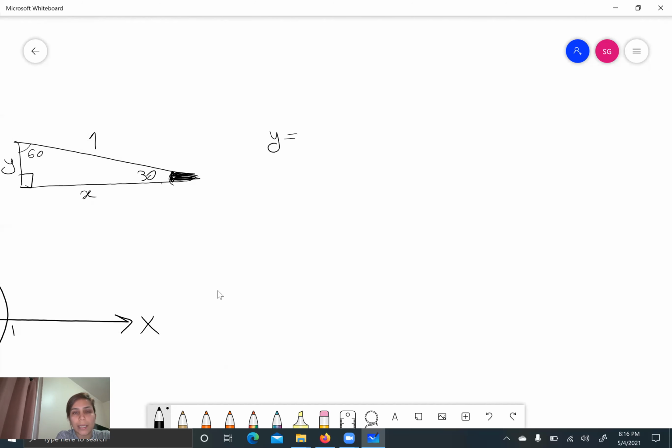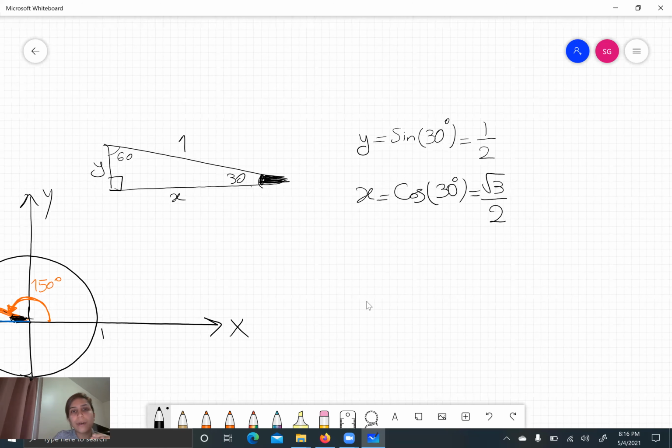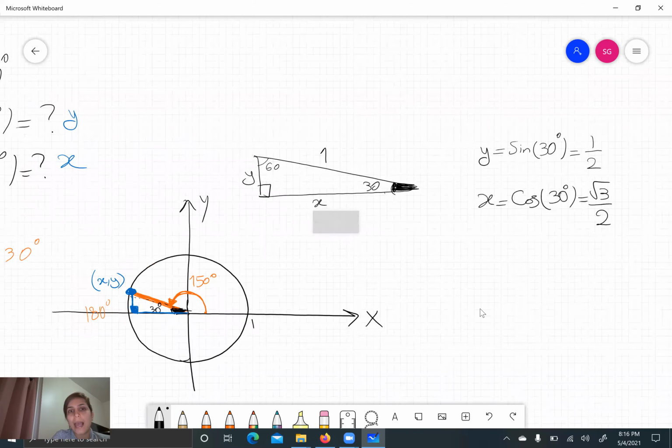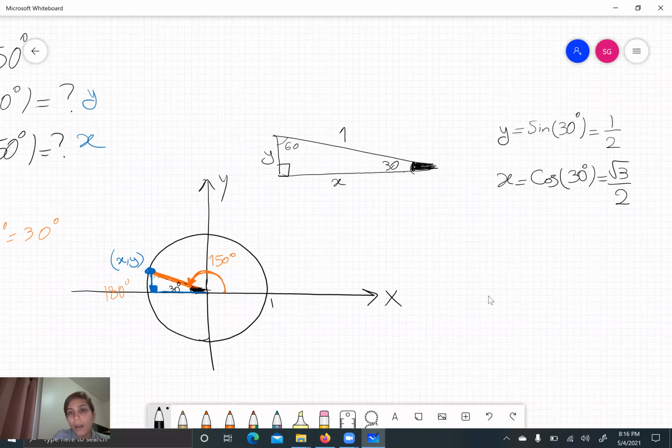Y is going to be sine of 30 degrees, which is half. And x is going to be cosine of 30 degrees, which is square root of 3 over 2. That's it. Using 30 degrees as my reference, I can find the values of x and y.